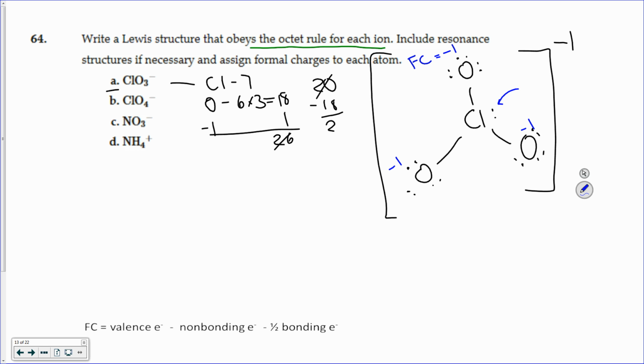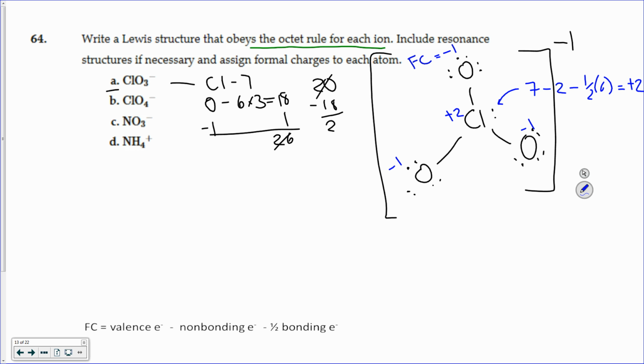The chlorine's valence number is 7 less the 2 less 1/2 of 6. So what's that come out to? 3 plus 2. Is that right? Yep. And that adds up because I've got -1 3 times, that's a -3, and plus 2, it adds up to -1.